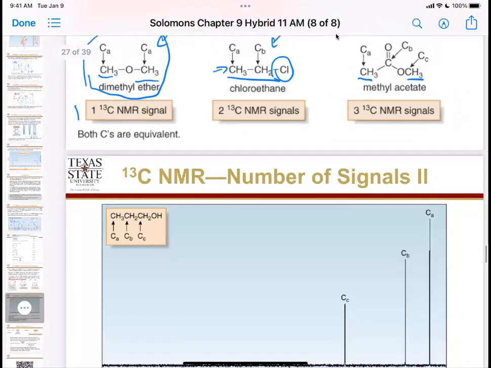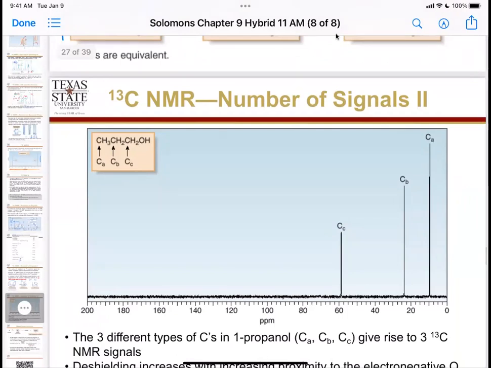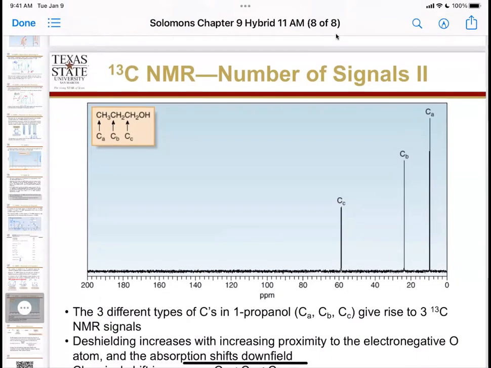Okay, so let's look at the number of signals here. This is a really typical thing. Notice how the baseline here is a little fuzzy. That's because only 1.1% of these carbons are carbon 13, so it's a little bit noisier.